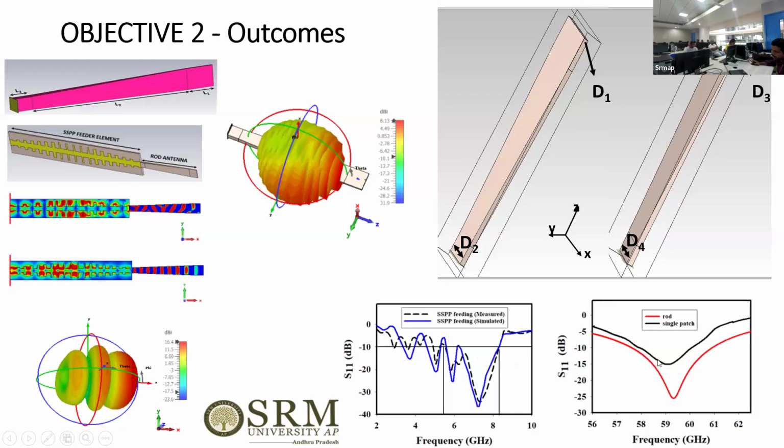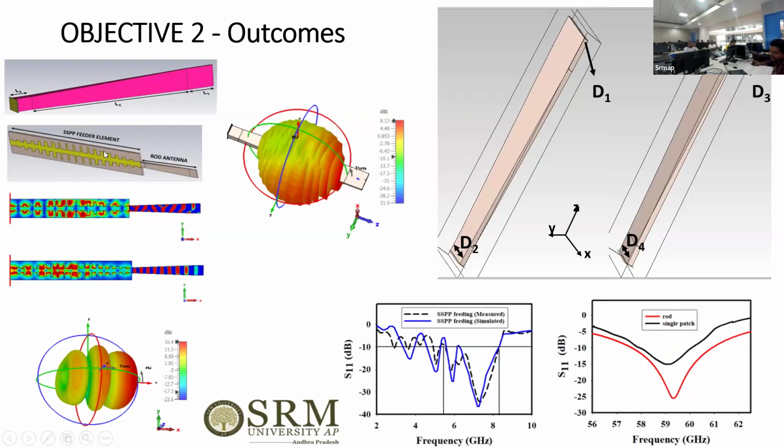And here, if you look at the impedance matching, for the single rod with patch feeding, I got minus 25 dB of impedance matching.